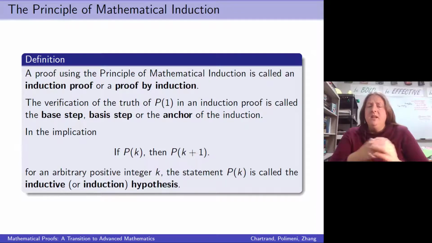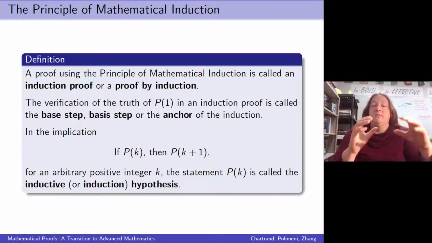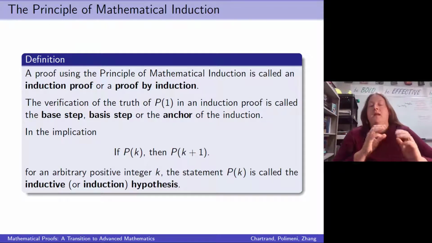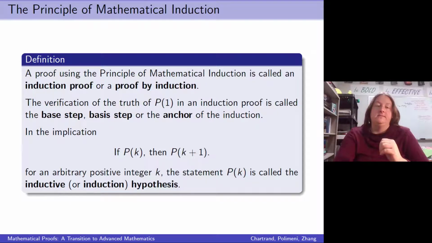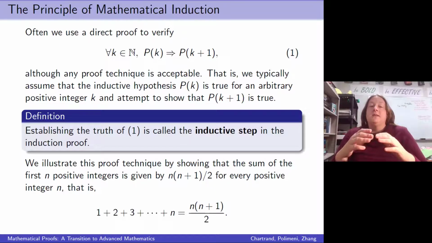And then finally, this implication: if P of k, then P of k plus 1 for some arbitrary integer k. The part that's with the ifs, the P of k part, we call the inductive or induction hypothesis.